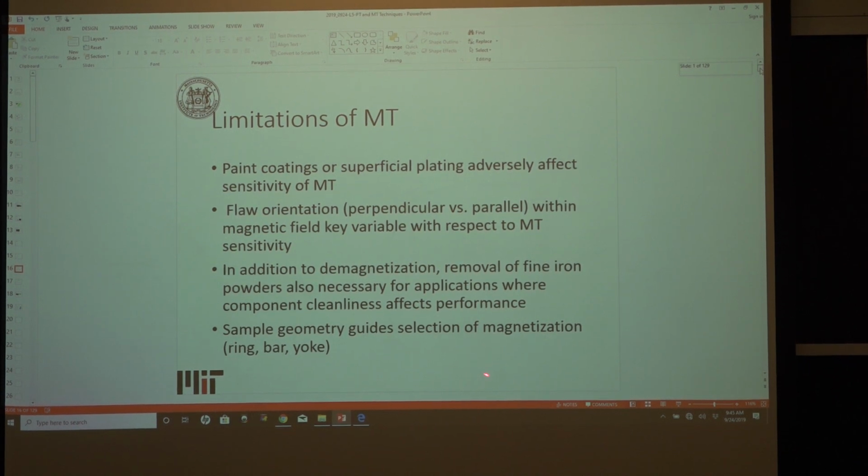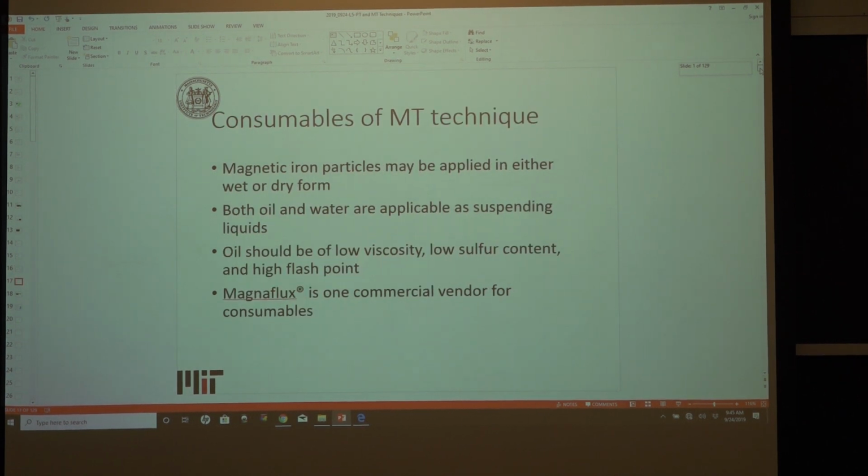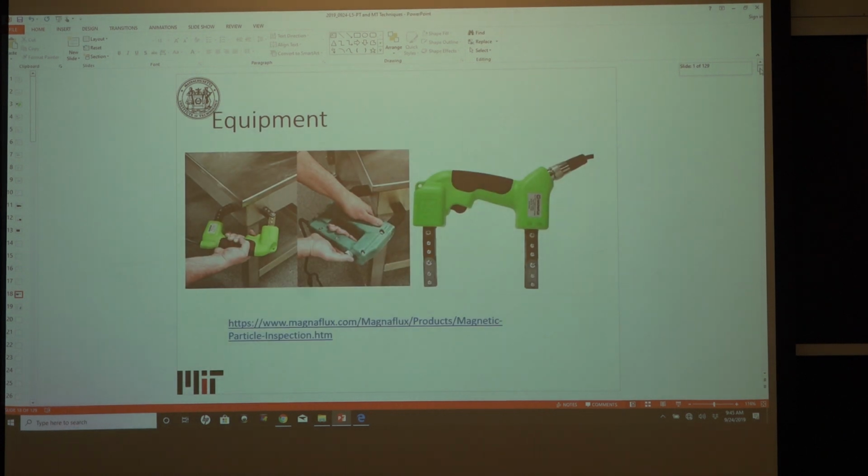And there are various types of magnetization you can use. You can use ring magnetization, bar magnetization, or yoke magnetization. This is an image here. When I say a yoke, this is what the yoke is. If somebody is out in the field, you're limited by how far the yoke can go, right?